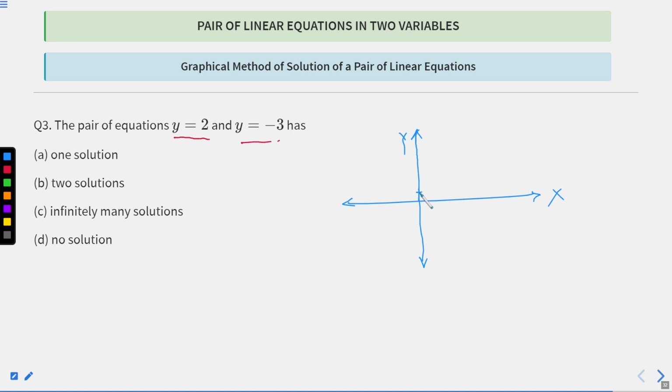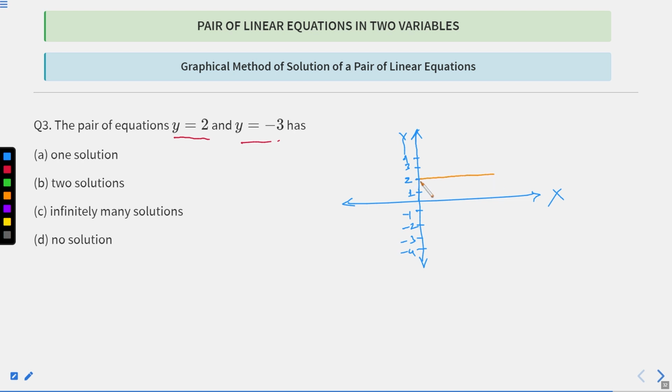Here this is 1 unit, 2 units, 3 units, 4 units, and on the negative side we have -1, -2, -3, -4, and so on. So the graph of y = 2 is this line.